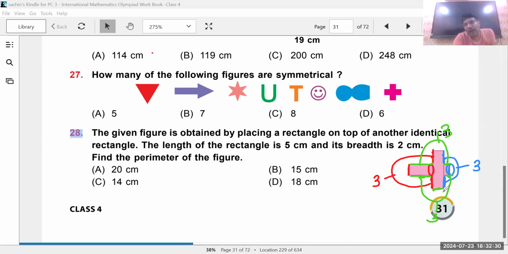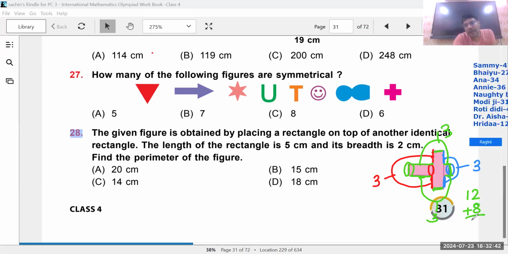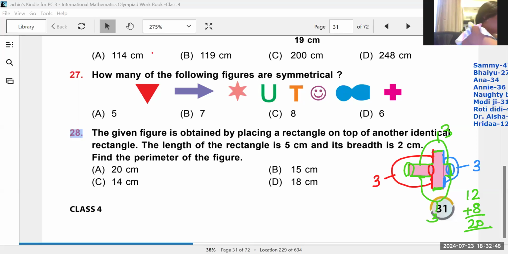So then we will add 3 plus 3 plus 3 plus 3. I will get 12. And I will add this 2 because ये perimeter का part है, this 2 and this 2. So I will get 2 into 4, I will add 8, I will get 20. Understood Roti Didi's method also? So very good Roti Didi.